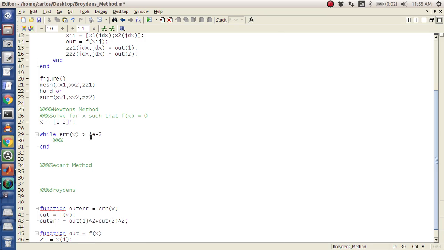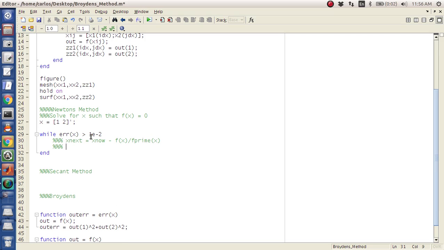So in scalar coordinates, you have x next equals x now minus f of x divided by f prime of x. Unfortunately, since f is a vector function, we can't do that.